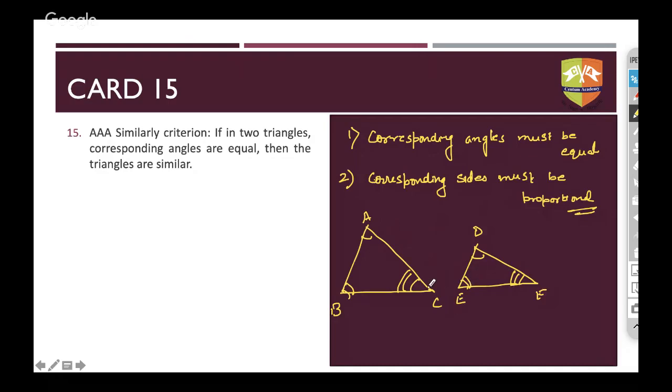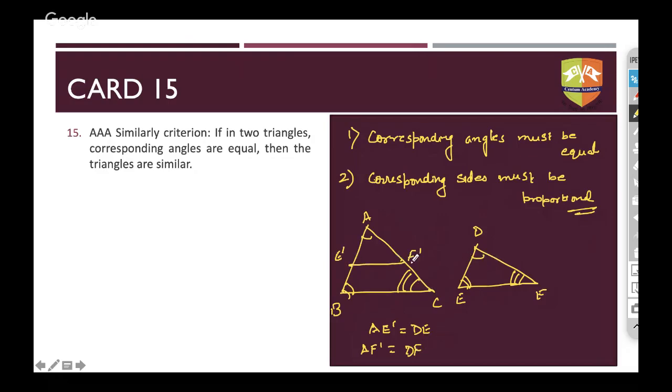I select a point E dash on AB such that AE dash is equal to DE, and then I select another point F dash on AC such that AF dash is equal to DF. And then I join these.